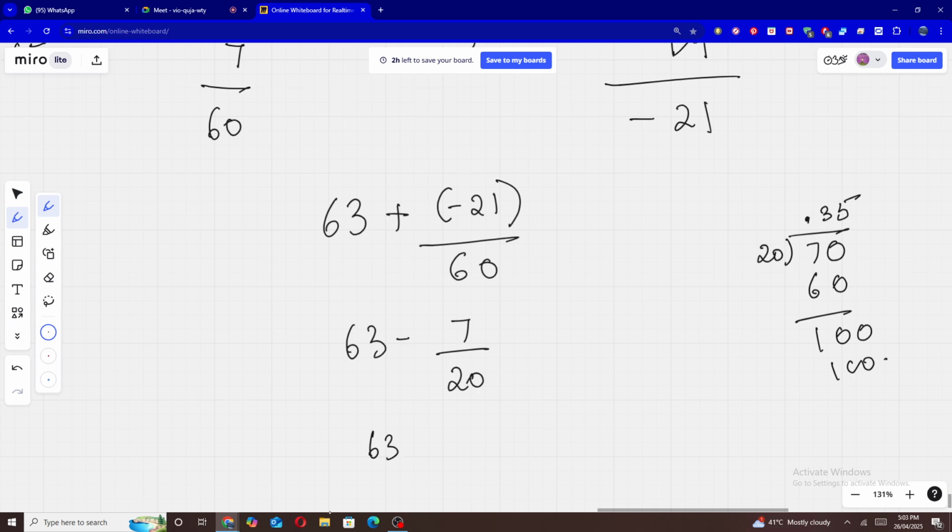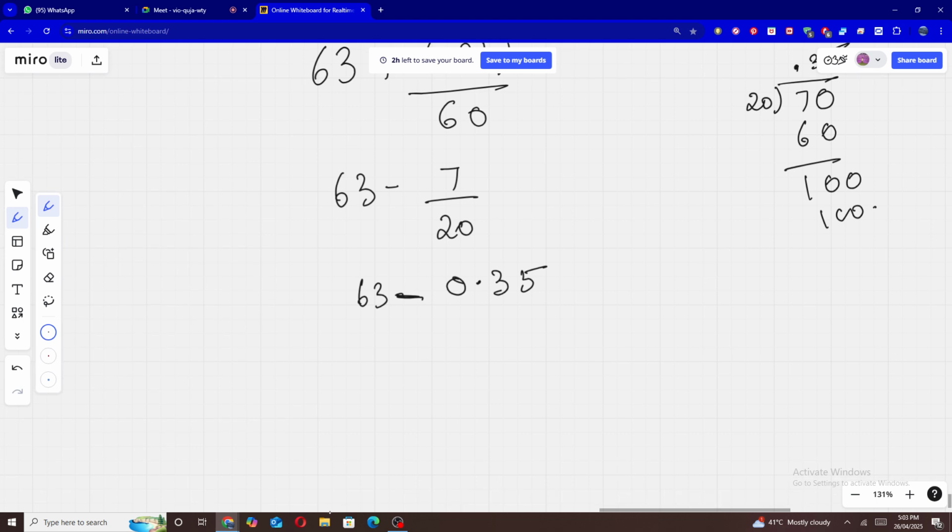So 63. That will be easier if you take LCM, common denominator, and do it. It's 126 by 20. 121 by 20 is equal to 120 by 20? Ma'am, can you take 6? Achha, you took LCM.